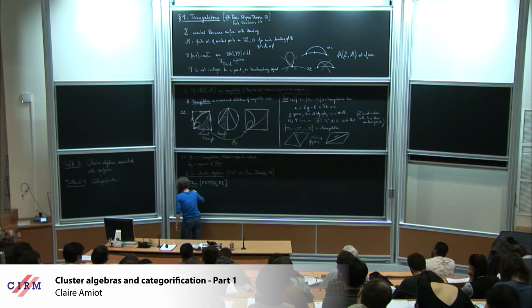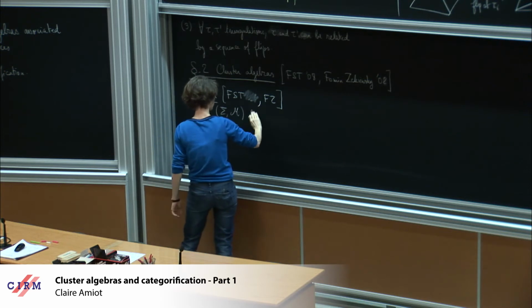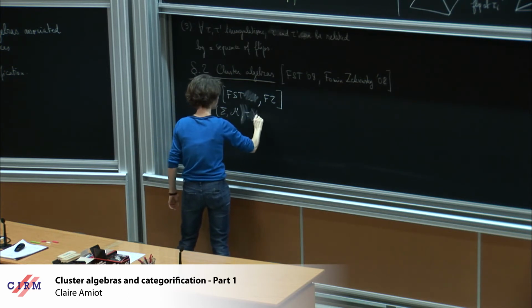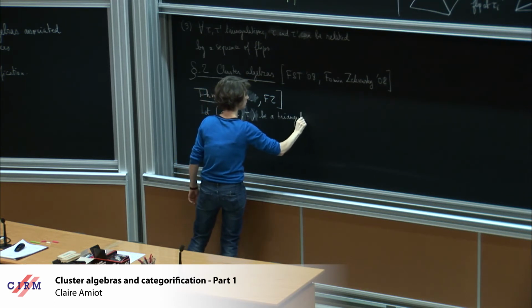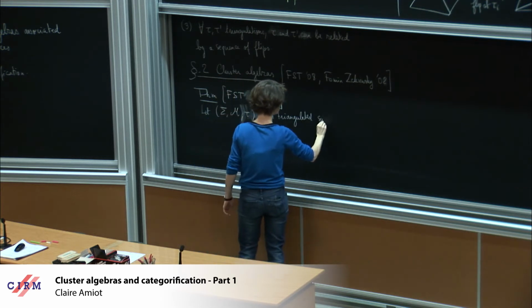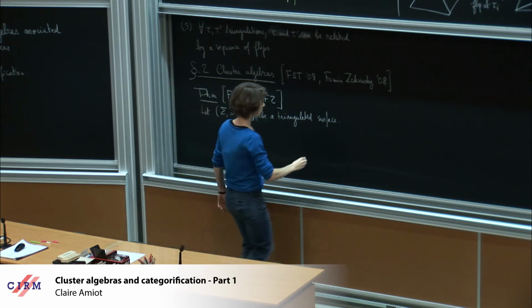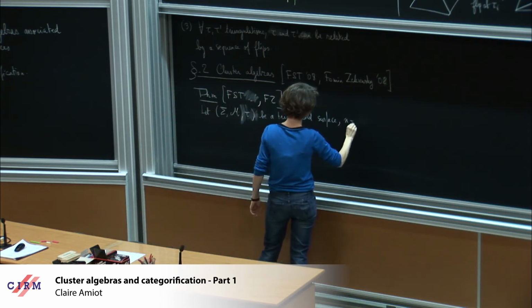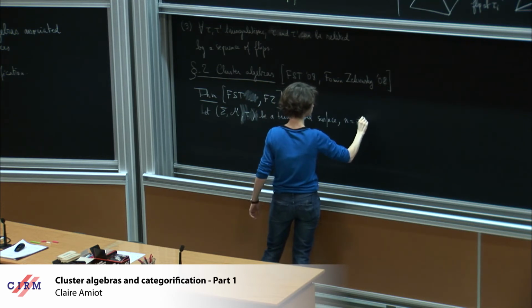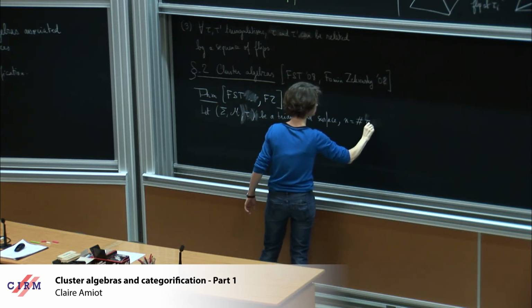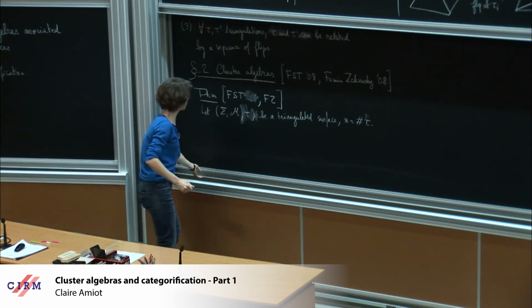Let sigma m be a surface and tau be a triangulated surface, and n the number of arcs of the triangulation.